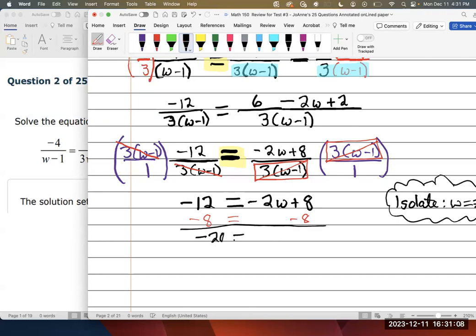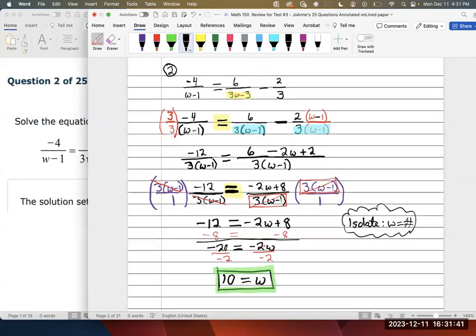I find out that the equation above has the same value as negative 20 equals negative 2w. The opposite of multiplying by a negative 2 is dividing by a negative 2. Negative divided by negative is positive. My goal is to isolate the w, and so I'm rearranging the equation any way I want until I isolate that w.